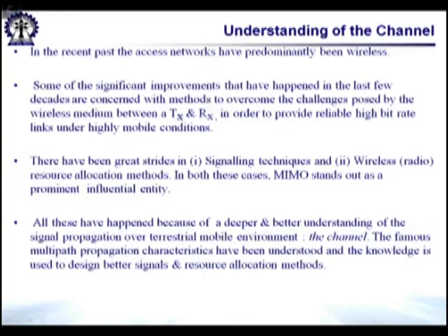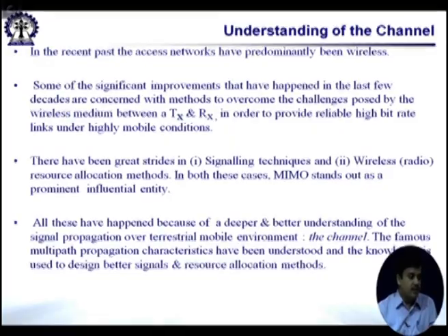In the recent past, what we can see is that these networks have predominantly had wireless in the access part, and some of the significant improvements that have happened in the last few decades are concerned with methods to overcome the challenges posed by the wireless medium between a transmitter and the receiver.